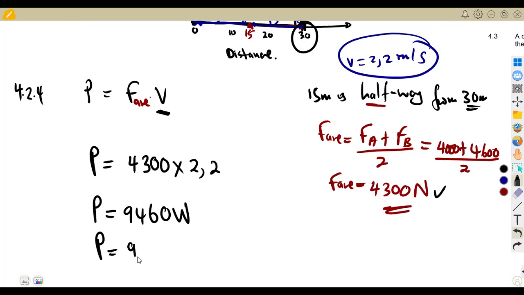If you divide by 1,000, that's 9.46 kilowatts.